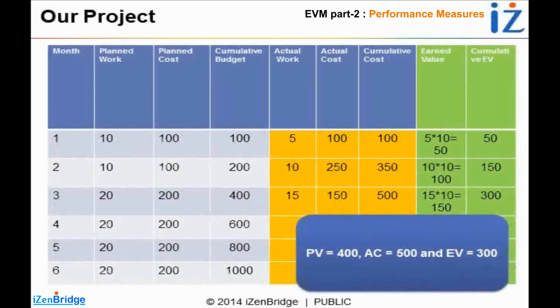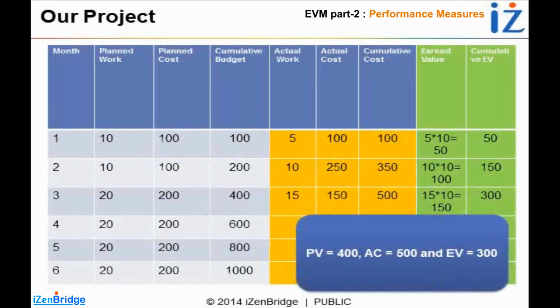Just recapping, we had a project. We thought of doing it in 6 months. We thought of spending $1,000 for this particular project. We were planning $100 in the initial 2 months, and after that we will spend $200 per month. We are doing monitoring at the end of the 3rd month, so we are taking the amount of money which we have planned till that 3rd month.